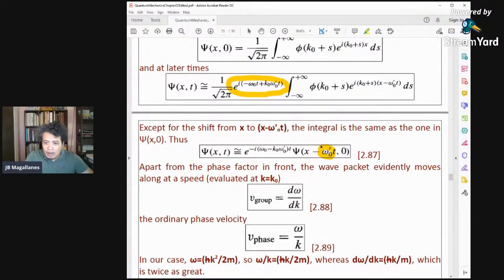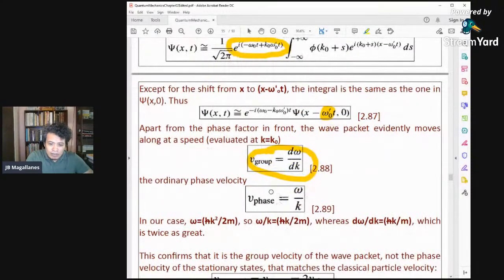So what is this? This is just the derivative of omega with respect to k. So the group velocity now is the derivative of omega with respect to k.